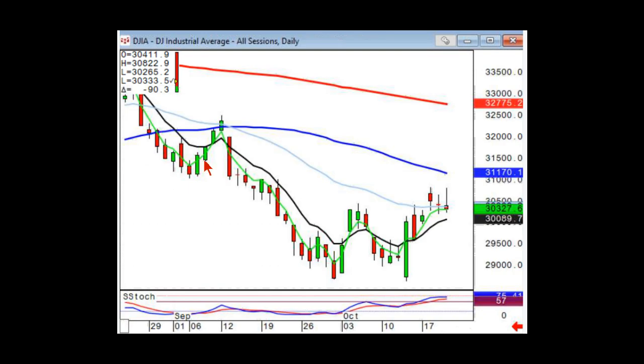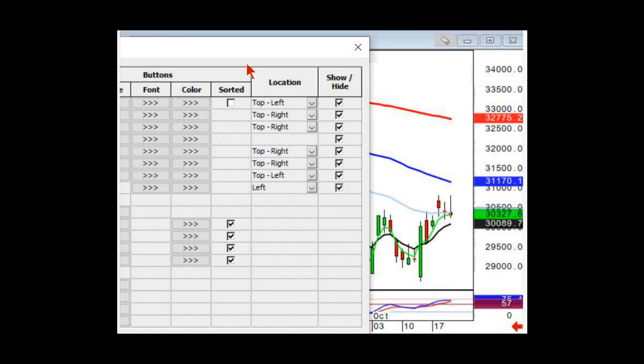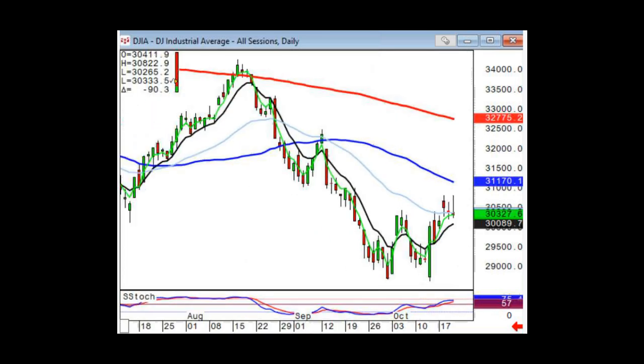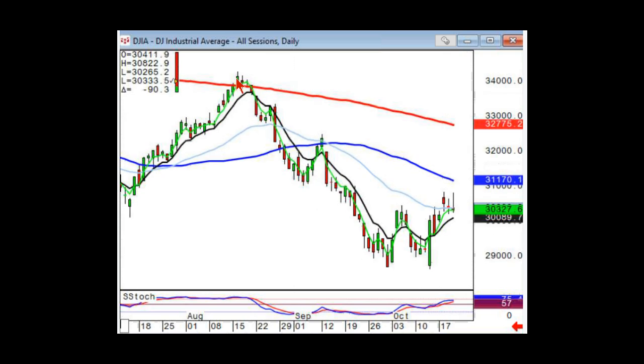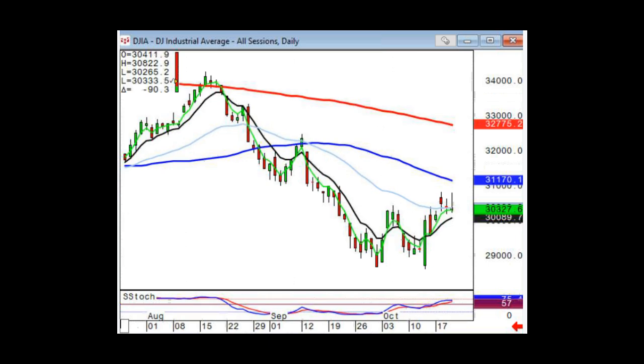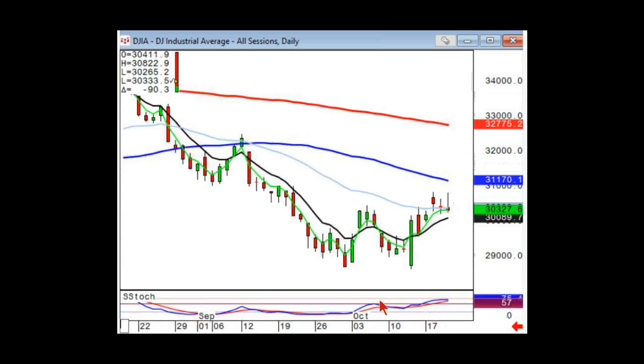Okay, so our first analysis on any given day is what do we think the market is going to be doing? Well, you can see ever since it failed up here, we've had bearish J-hook patterns. And here's one of the things that I like to point out because it's something that a lot of people don't understand.